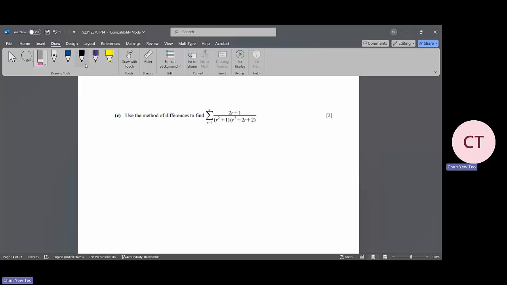We use the result in part B and use the method of differences to solve this series. We apply the result that we found in part B and write down these expressions.